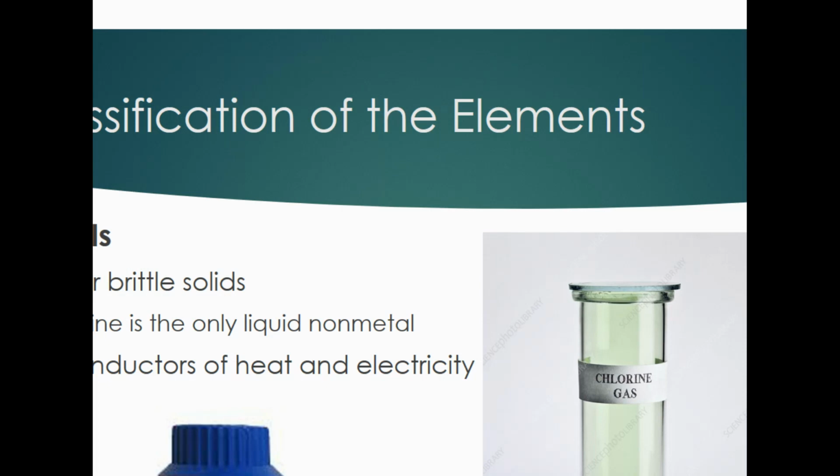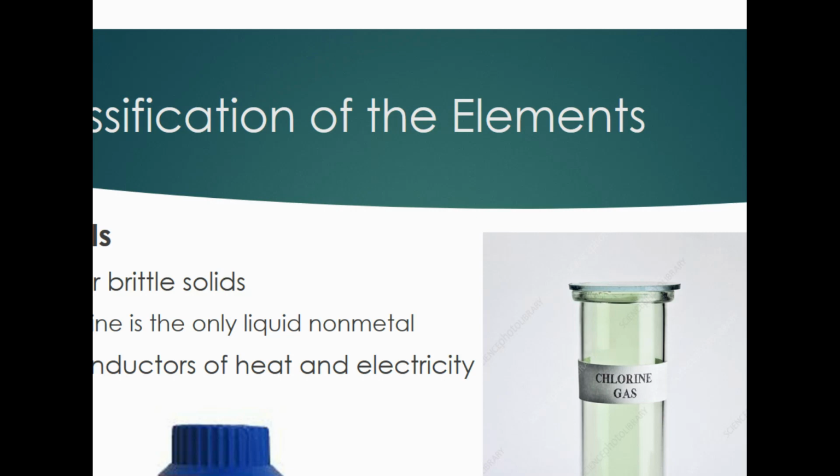Nonmetals tend to be either a gas at room temperature, or if they are a solid, they are brittle. Basically all the properties of a metal, nonmetals are not going to follow those traits. If you hit a metal with a hammer, it's going to dent or shape. Whereas a nonmetal, if you hit it with a hammer, is probably going to shatter and crumble into smaller pieces. For example, chlorine is a gas at room temperature, and then we have one liquid nonmetal, and that is bromine. Here's bromine.